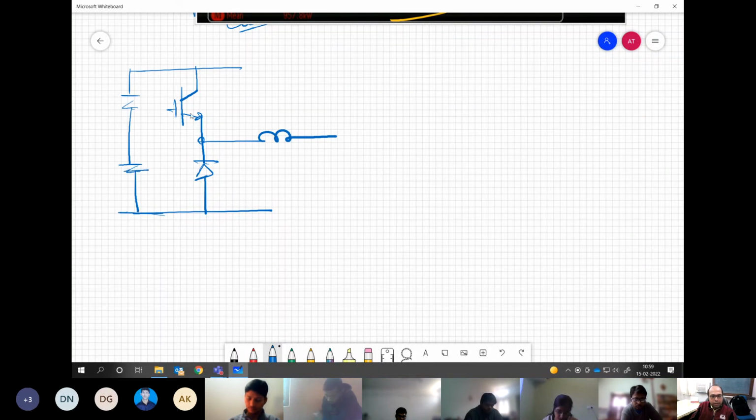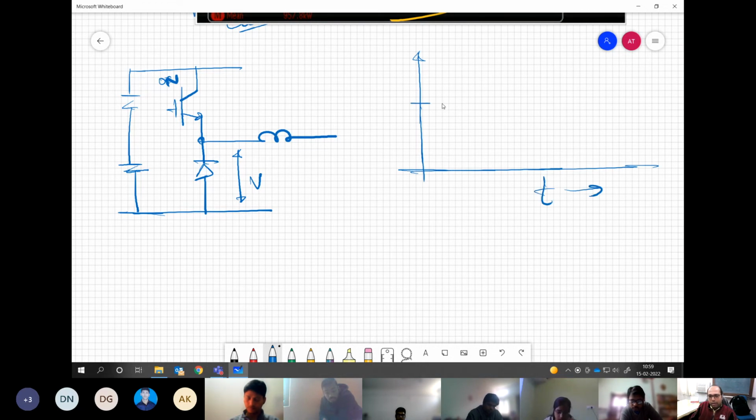Now the scenario is that this device is on, correct? There is current flowing through this and the voltage is blocked by the diode. So if we draw the dynamic characteristic of the device, we have current at some high value and voltage is very small, say voltage is in black color, and at this instant we remove the gate pulse.